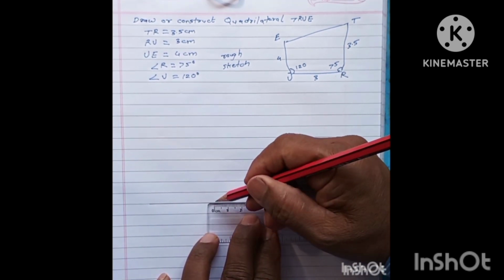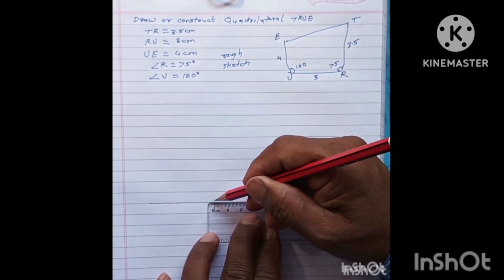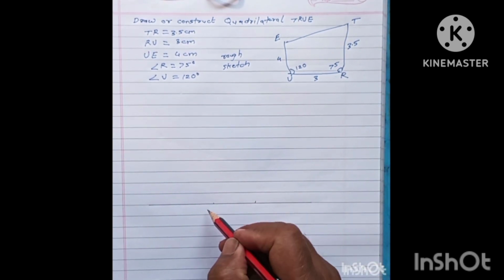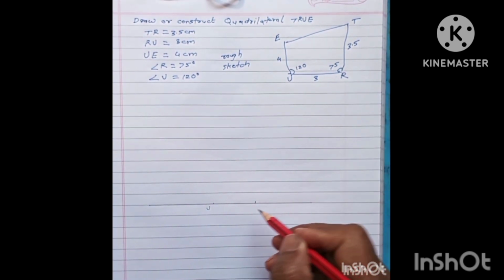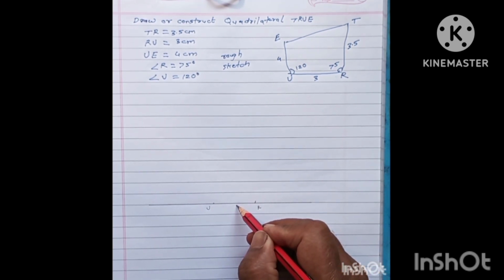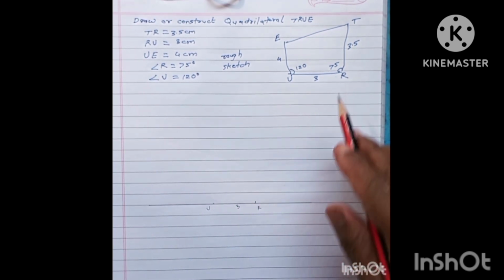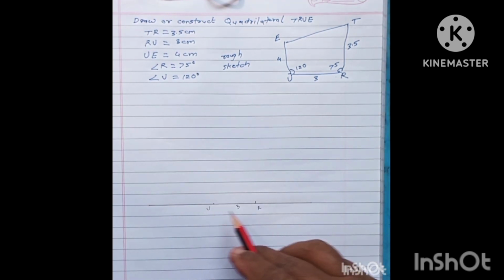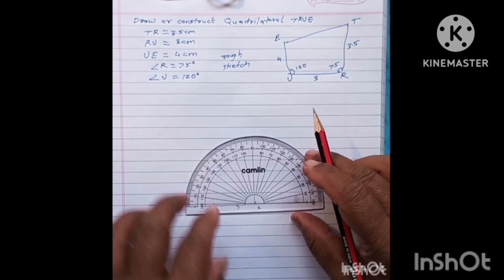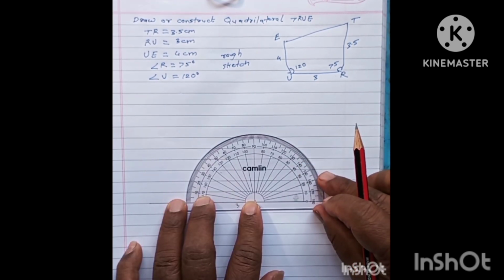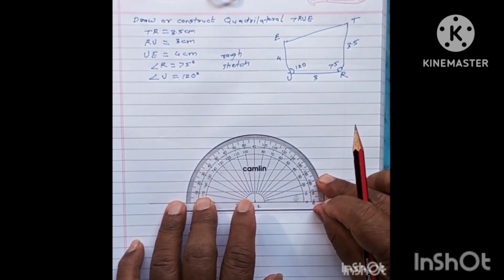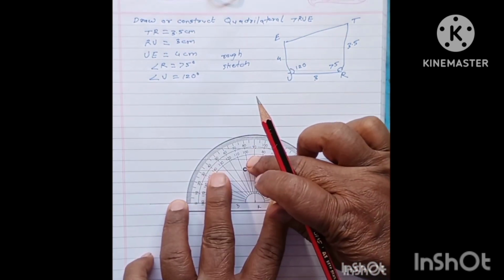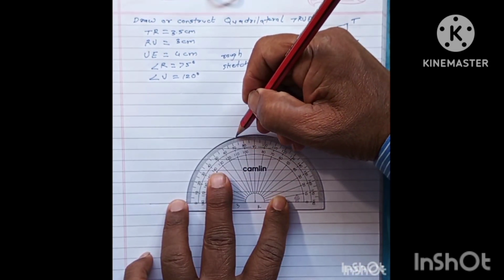Now this is 3. You know that U is 120, which is going to incline to the left hand side, so I have taken it a little on the right of the paper. If you have enough practice, then you will come to know in the beginning itself that you have to shift that UR a little to the right hand side. Now T is on the line which is inclined at 75 degrees to UR, so this is 75.